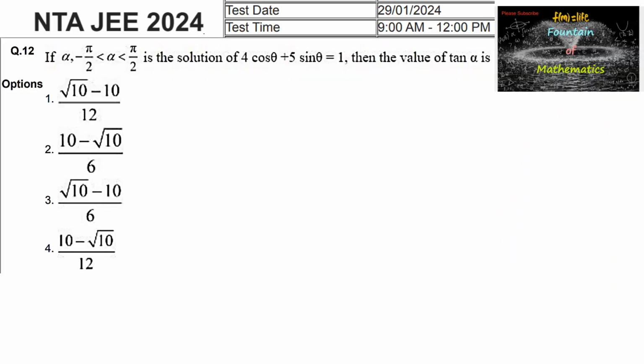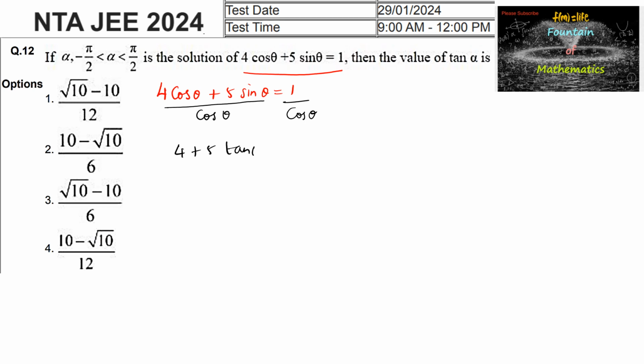If alpha, where alpha lies between minus pi by 2 and plus pi by 2, is the solution of 4 cos theta plus 5 sin theta equal to 1, then find the value of tan alpha. So it is given 4 cos theta plus 5 sin theta is equal to 1. Dividing by cos theta on both sides, we get 4 plus 5 tan theta equal to secant theta.